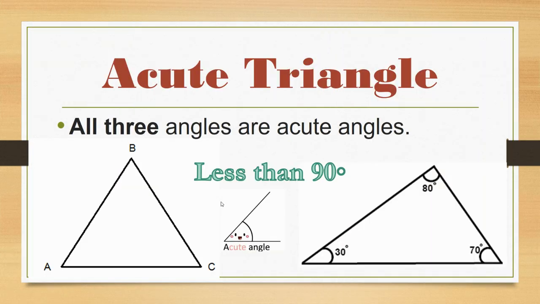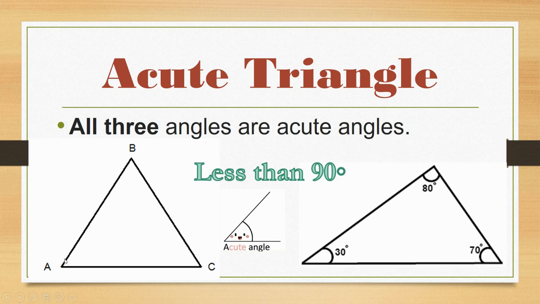Then right here, looking at this one, we're going to look at an acute triangle. So an acute triangle is where all three angles are acute angles. So remember these right here, it's kind of like the corners. These are the angles.